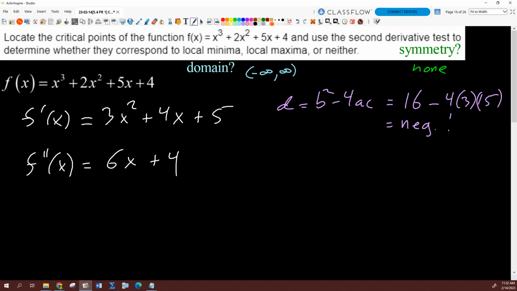Okay, agreed? What if I get a positive discriminant? What's that tell me? There are how many? 2, right? In the quadratic, one for the plus and one for the minus in the quadratic formula. So I get 2 real zeros if the discriminant's positive. What if the discriminant is 0?